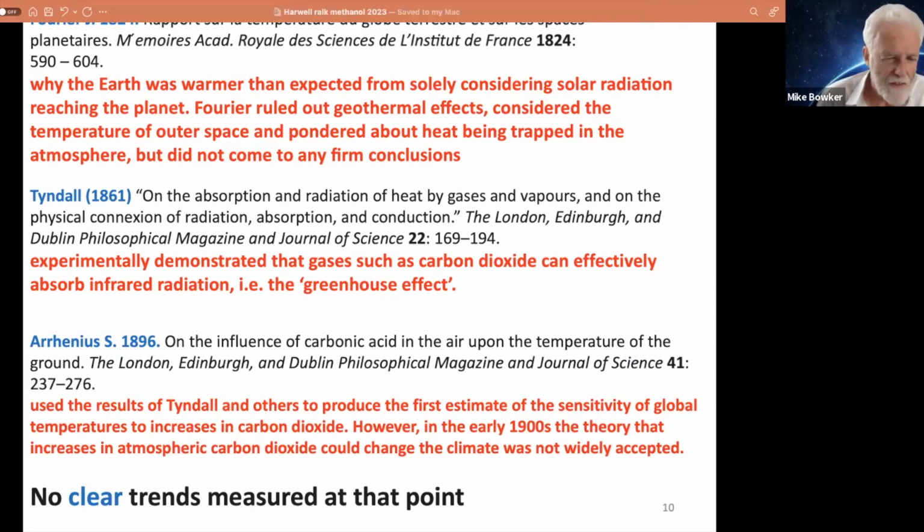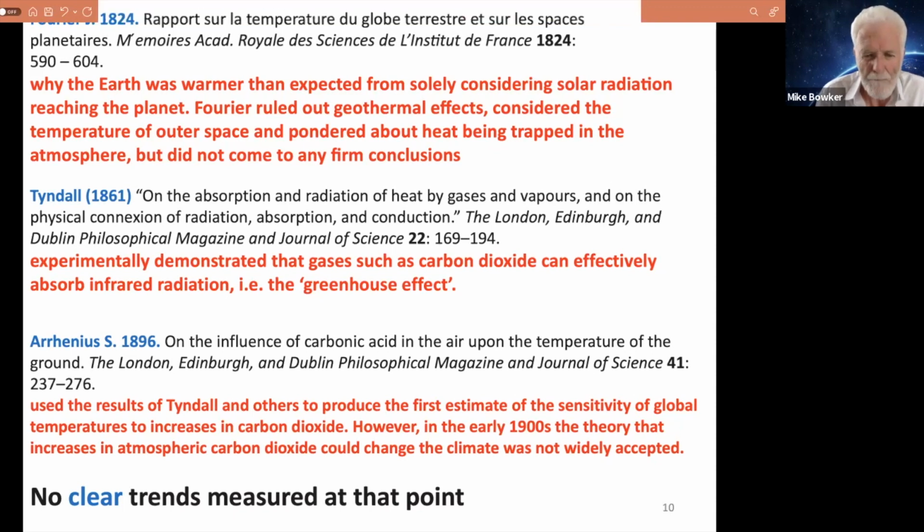An even more famous scientist, Svante Arrhenius, in 1896, used those results to get some kind of idea of the sensitivity of global temperature increases to carbon dioxide, because of course this was also very important for agriculture. But at that time, there wasn't really enough data to say whether there was any effect of man-made CO2 on the atmosphere at that stage.